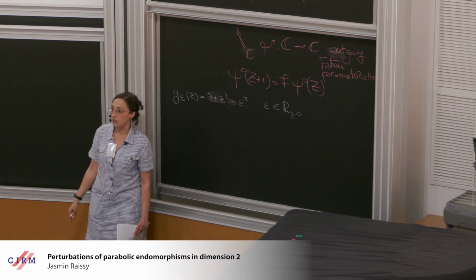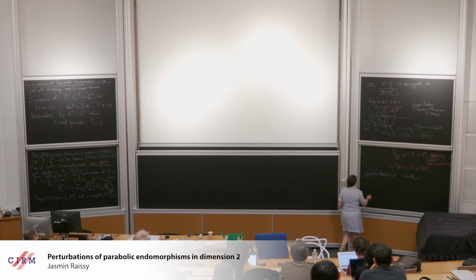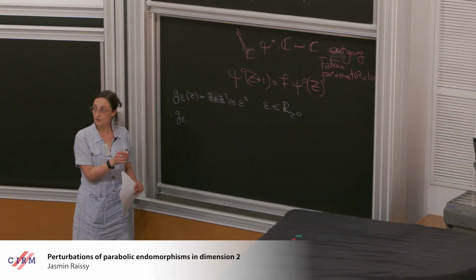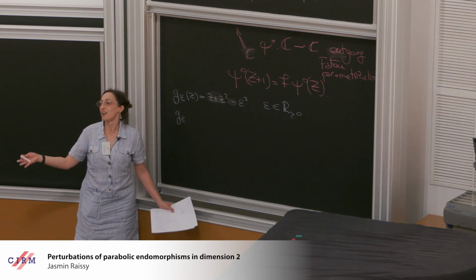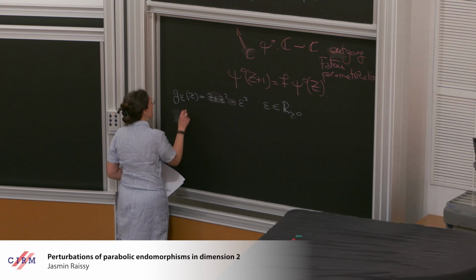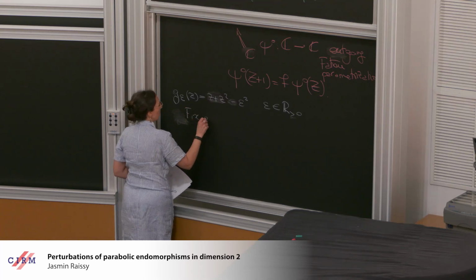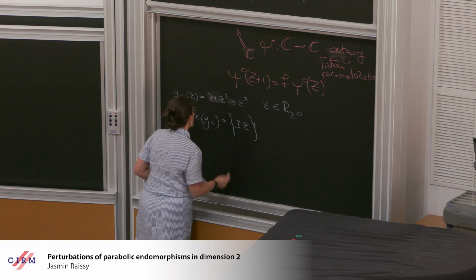Can you do the computation? I mean, in here, it's easy. I can compute the fixed points. Again, exercise. So the fixed points are, do you know who they are? I have a good student in the class. Good. So the fixed points are plus or minus epsilon.